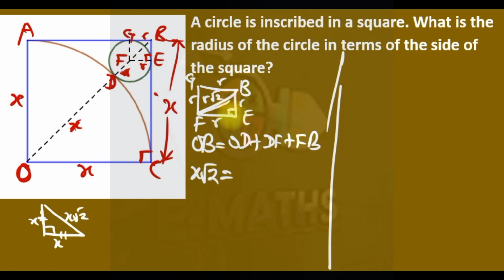So OB equals X plus R times (root 2 plus 1). Let's look for R in terms of X. Moving X to this side, we have X times (root 2 minus 1), and R times (root 2 plus 1).